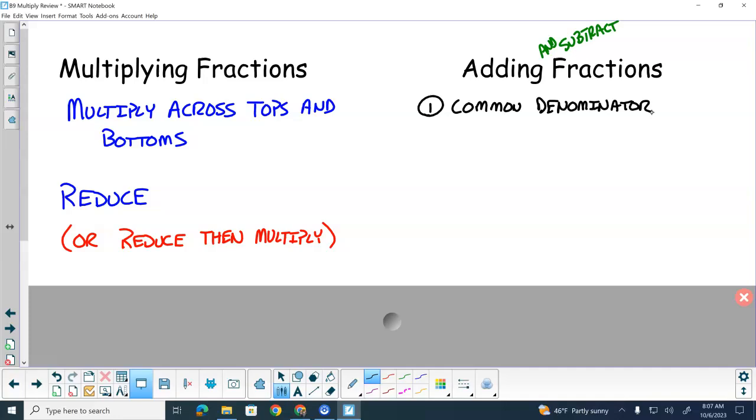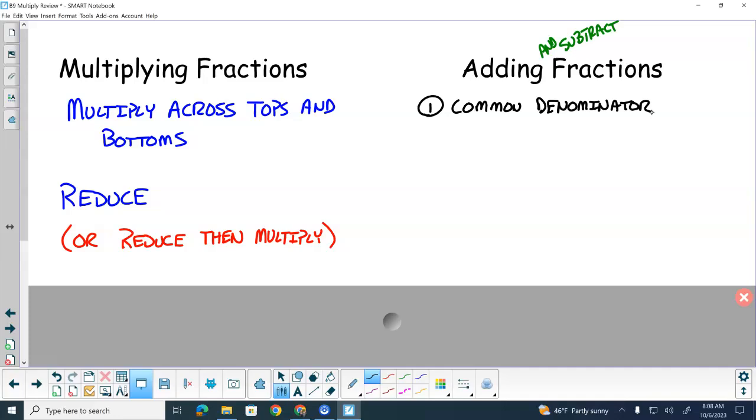Step 2. After we get a common denominator, what do we got to do? Look in your notes, B6, B7. Step number 2. What do we got to do? We got to make equivalent fractions, if possible.